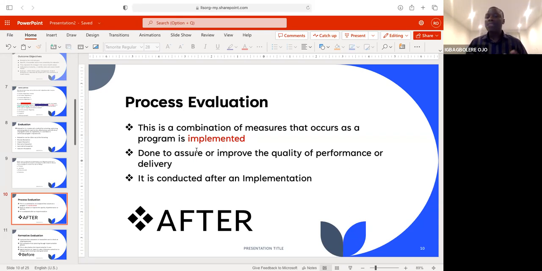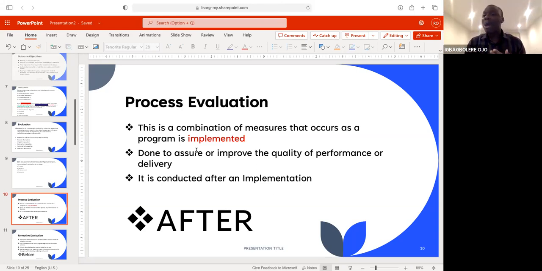So, a process evaluation is what you are going to be doing after you have done implementation. Remember, it is needs assessment, planning, then implementation. So the only place that your process evaluation comes in, and of course process is like the build-up, is when you want to evaluate the build-up of a program.